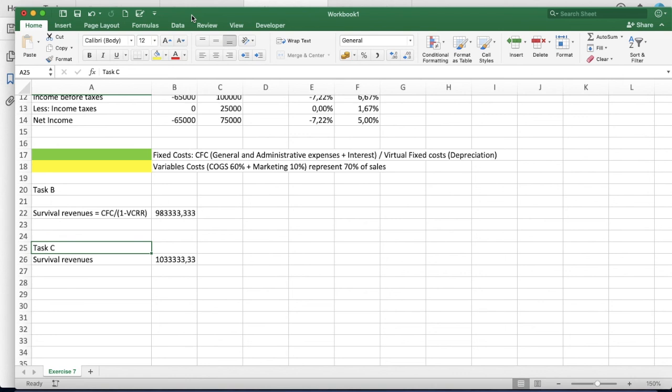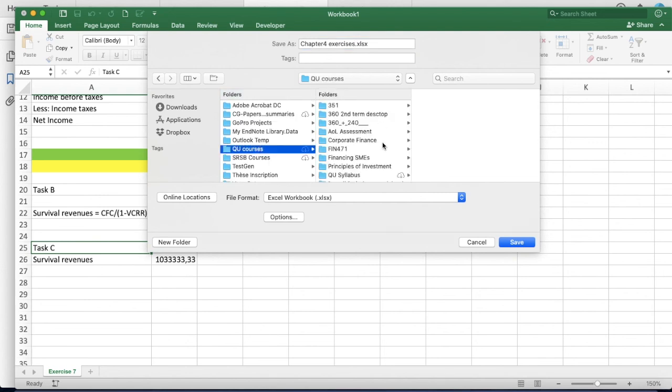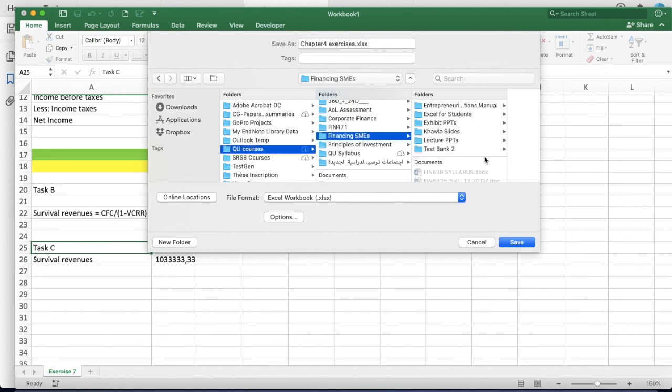So we can use it afterwards for the exercise number 8. So let's call it chapter 4 exercises. And that's it. So I will save it.